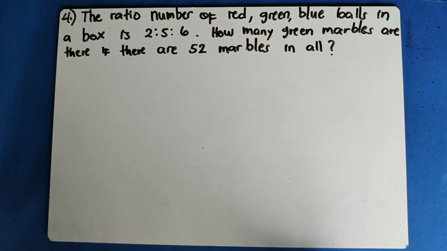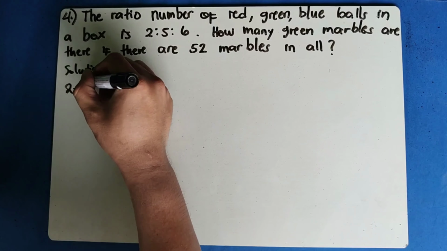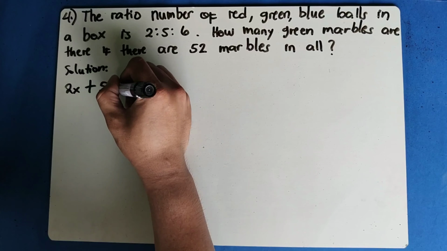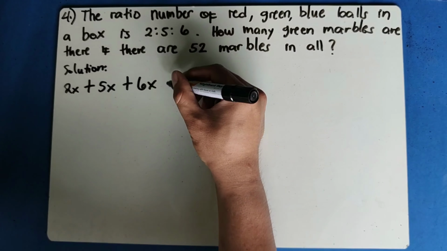Now, in this kind of problem, what are we gonna do? Just in mathematical equation, this is just how we're going to find the number of green marbles. So 2x plus 5x plus 6x, we are only going to add.